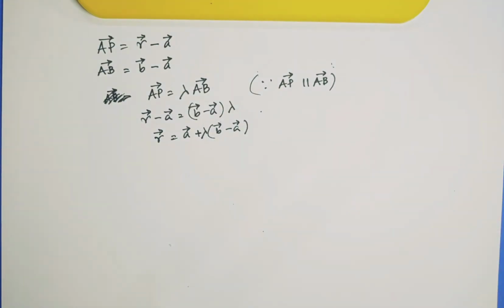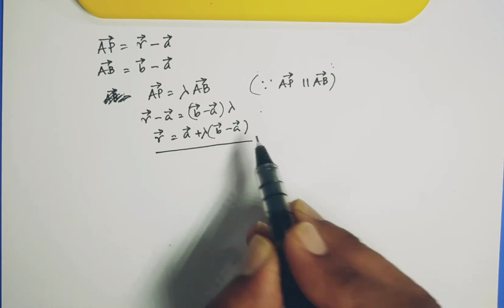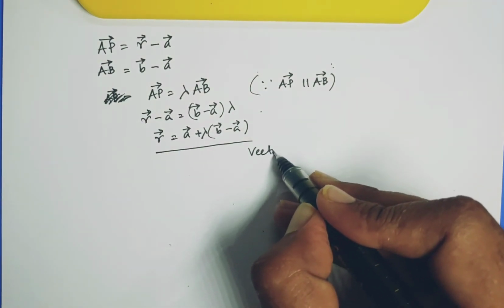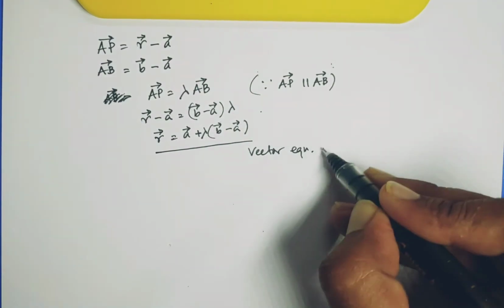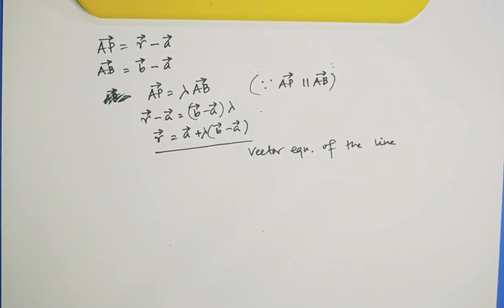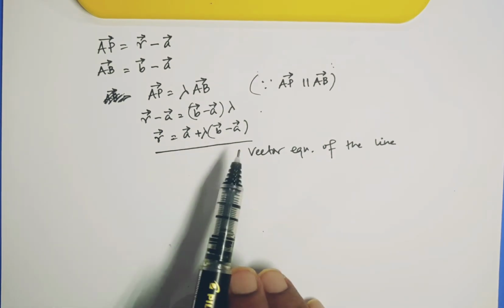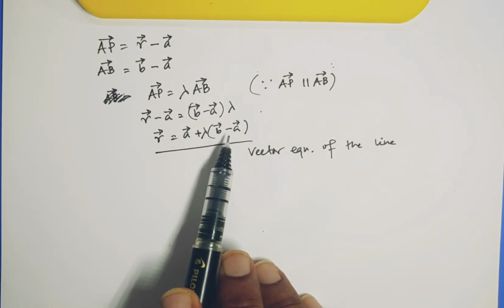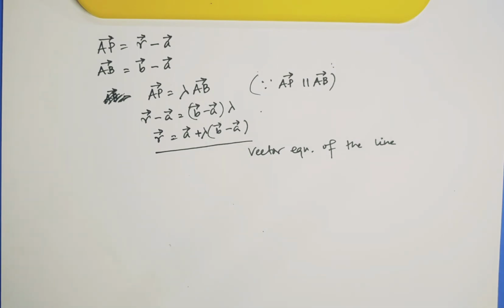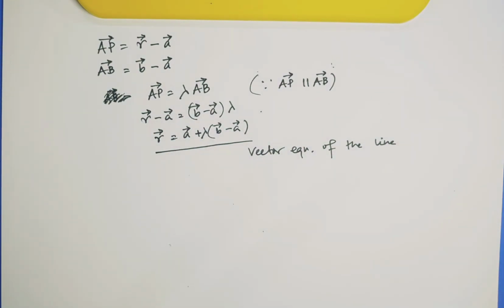Okay, so this is our vector equation of the line passing through 2 points. Understood? Where A is the position vector of the first point and B minus A vector gives you the parallel vector. Okay, so this is how we find the equation of the line which is passing through 2 points.